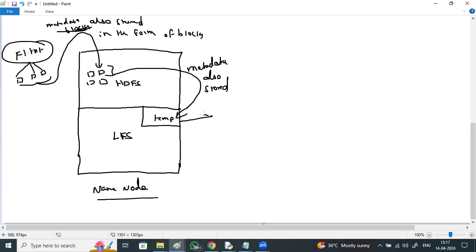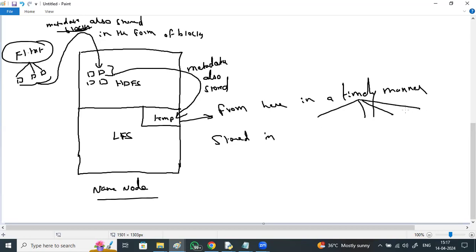From there, in a timely manner, meaning daily, weekly, monthly, it is stored in two special files.